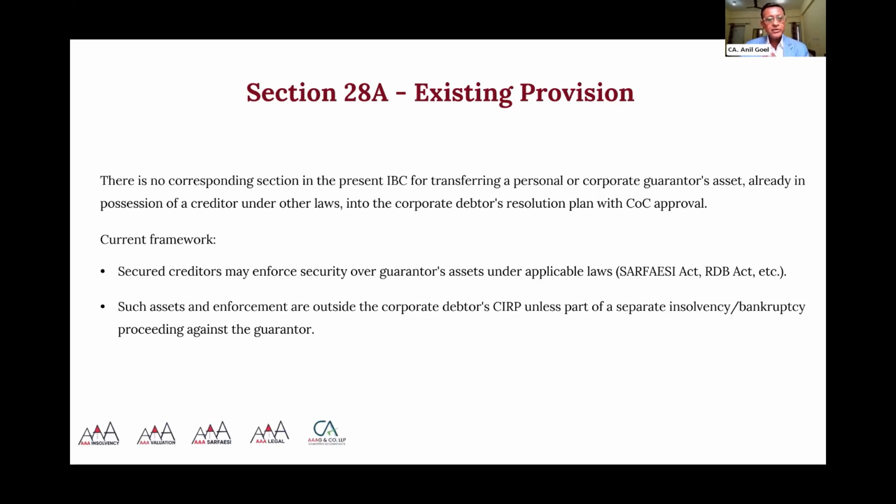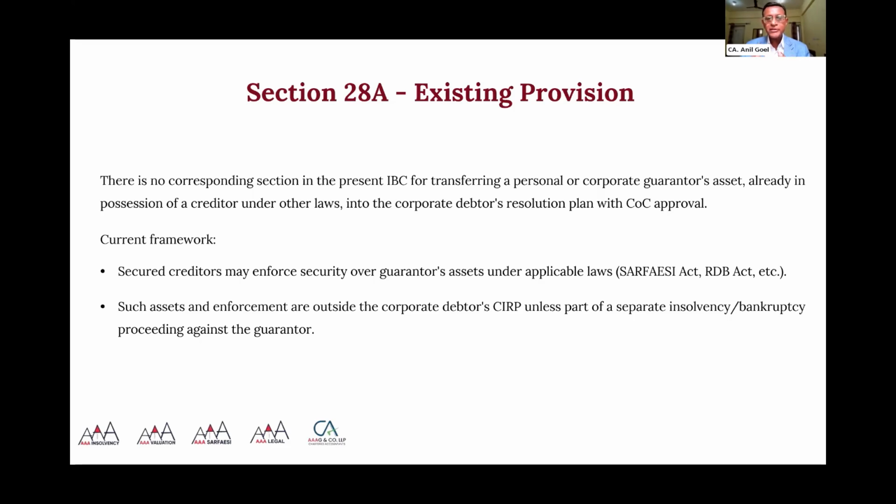Now the provision says that there is no corresponding section in the present IBC for transferring a personal or corporate grantor's assets already in the possession of the creditors under any law.